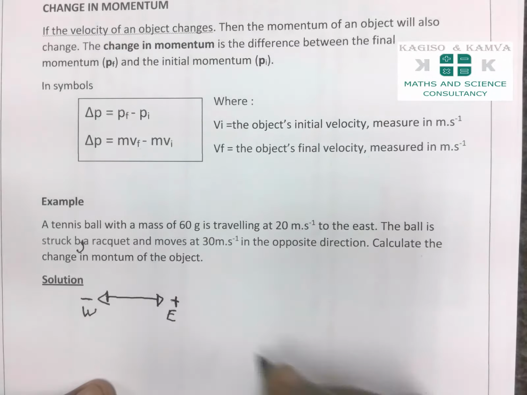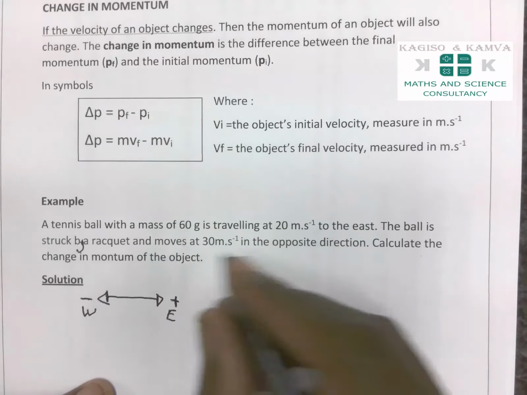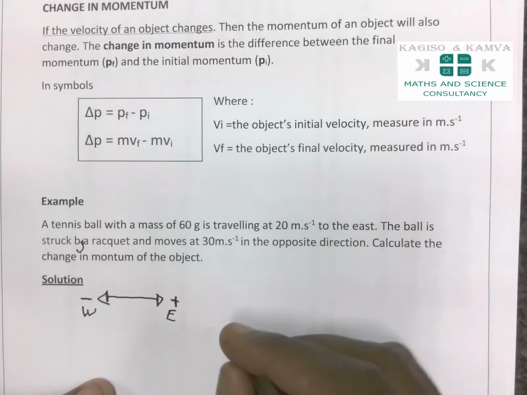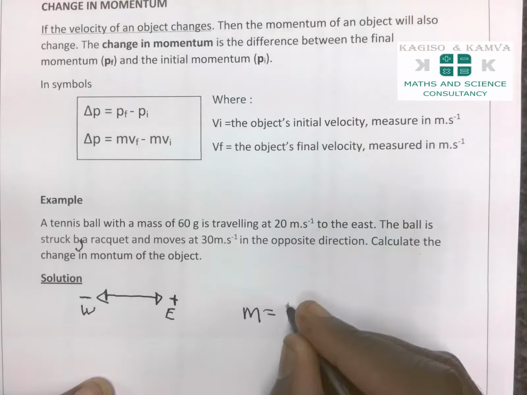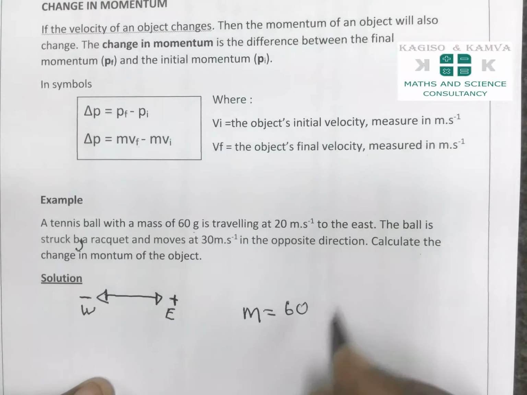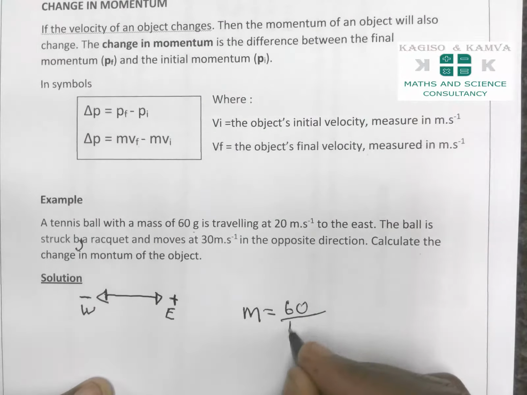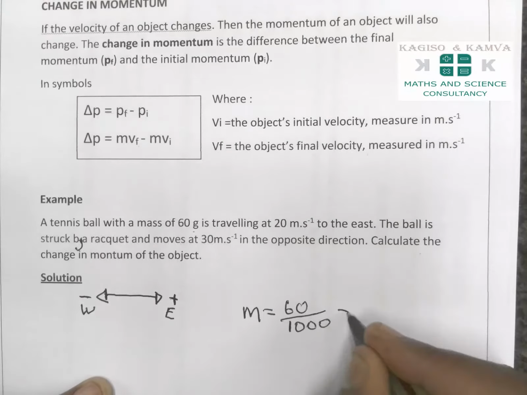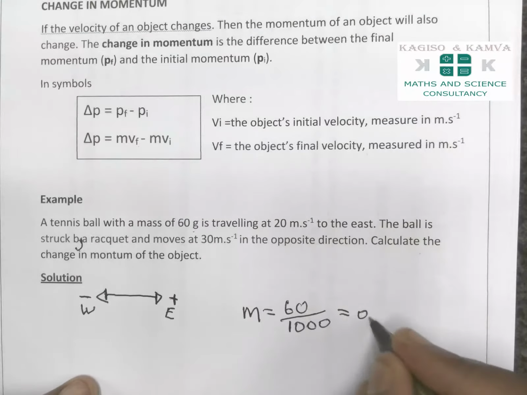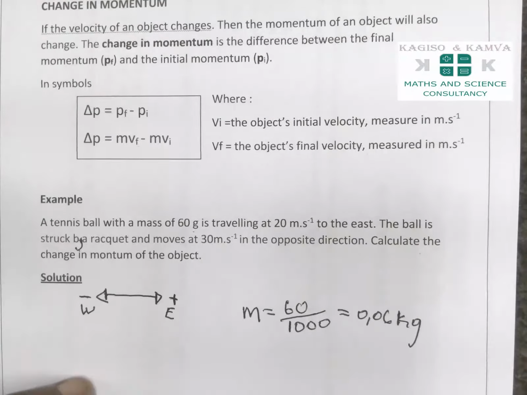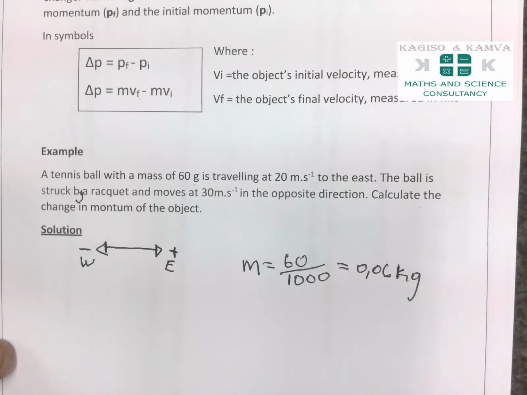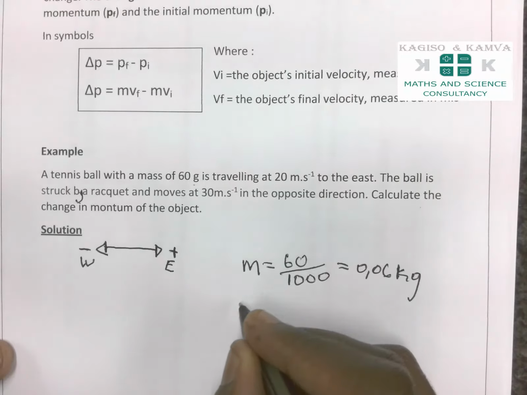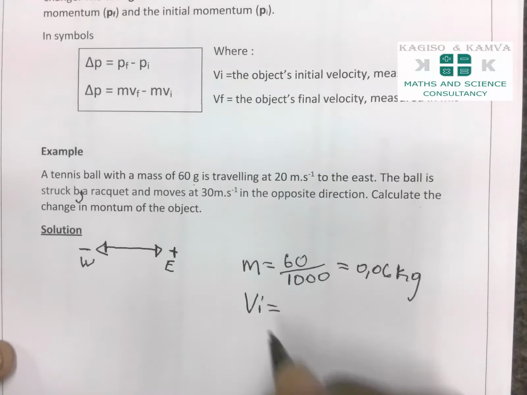Now let me collect my data. The mass of the ball is 60 grams, but we have to convert it. When you convert, we divide by 1,000. This gives us 0.06 kilograms. Now what is the initial velocity?